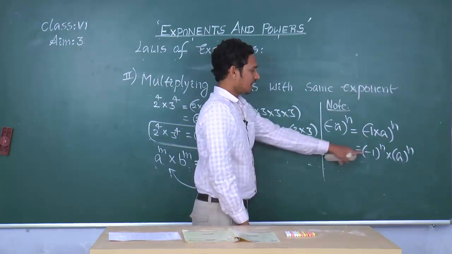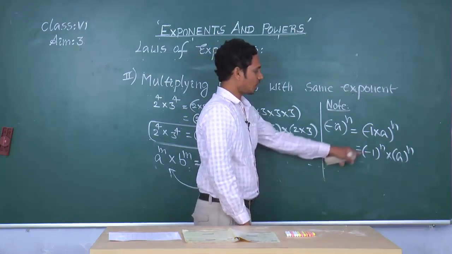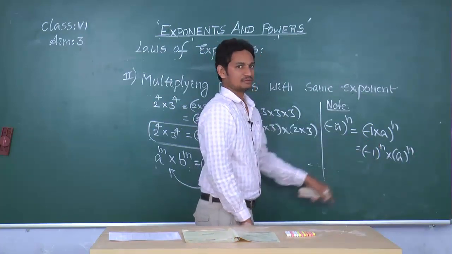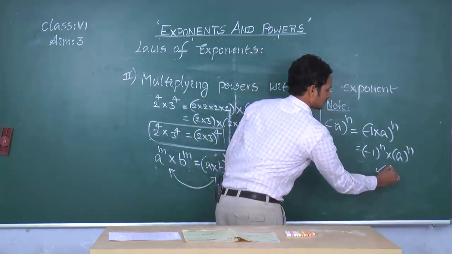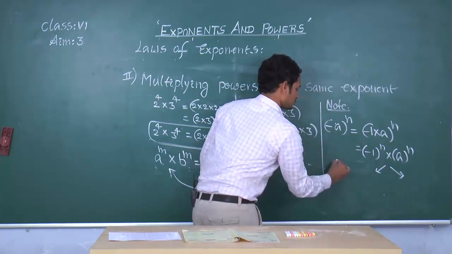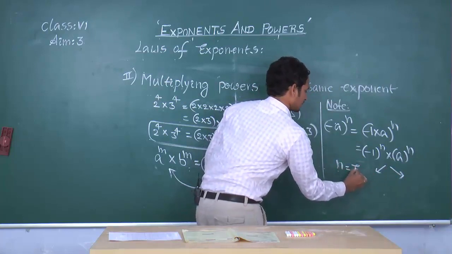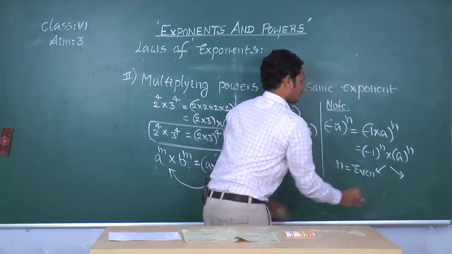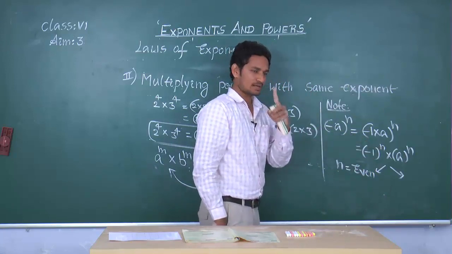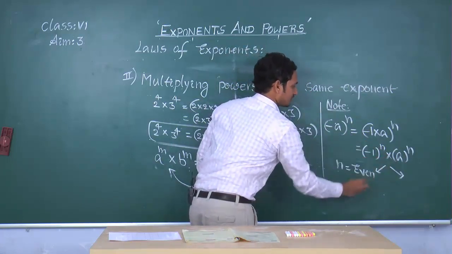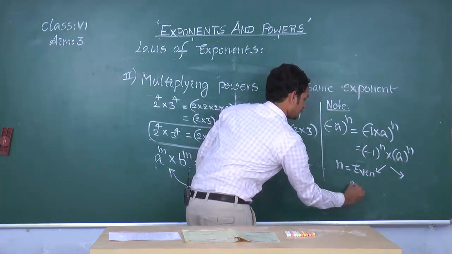Here the value of this result depends on the n value. Suppose n is even, minus 1 raised to the even number is always 1. So this result will be a power n.